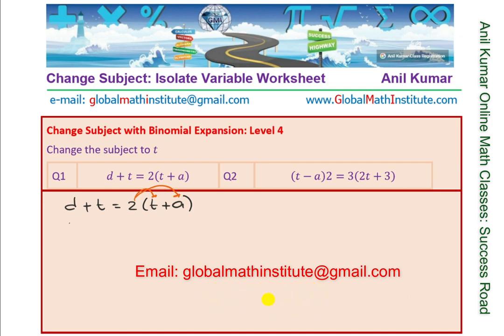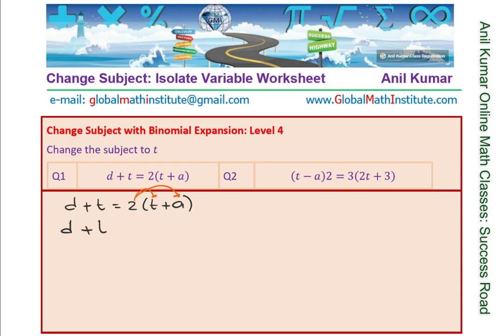So once we do that, we get d plus t equals 2t plus 2a. Now we can bring the t's to the left-hand side. So we have t minus 2t equals 2a minus d.